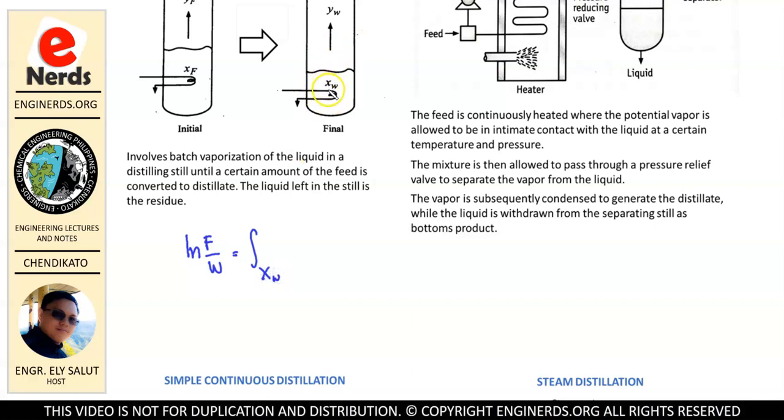Yung fraction ng ating more volatile component sa ating residue to our XF. So, yung XF natin dito is this one. Yung fraction ng ating more volatile component in our feed. And then, this is the integral of dx over y minus x. Okay, so we will be discussing about Rayleigh equation when we reach to simple batch or differential distillation.